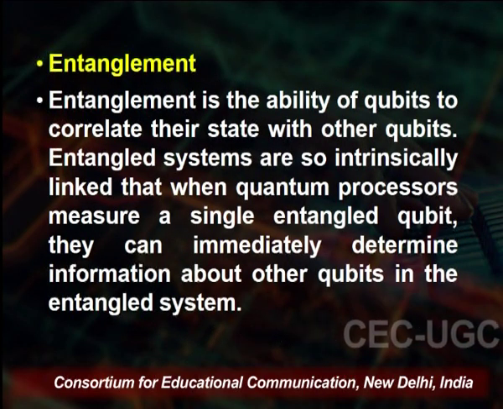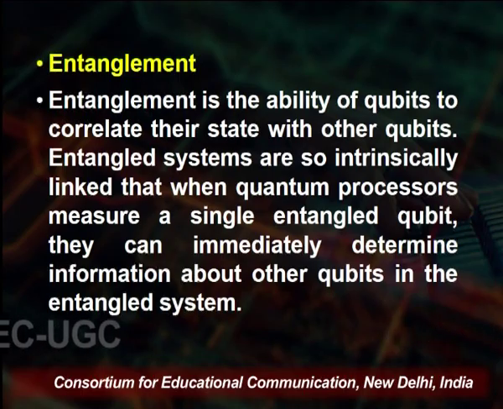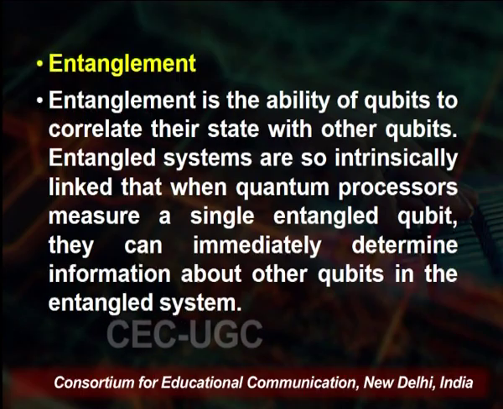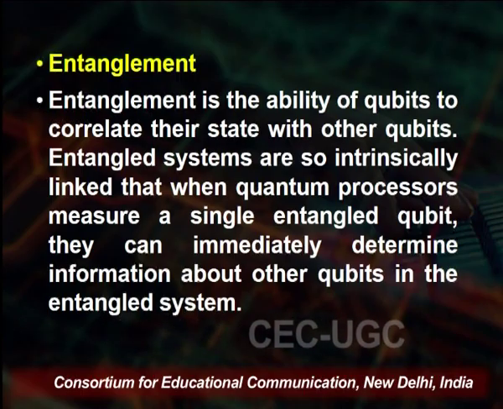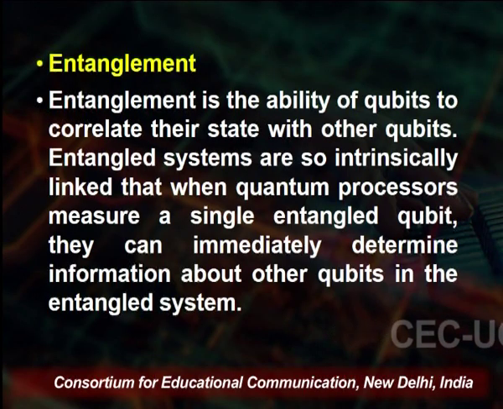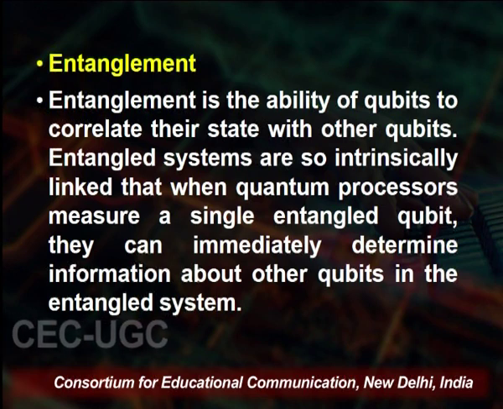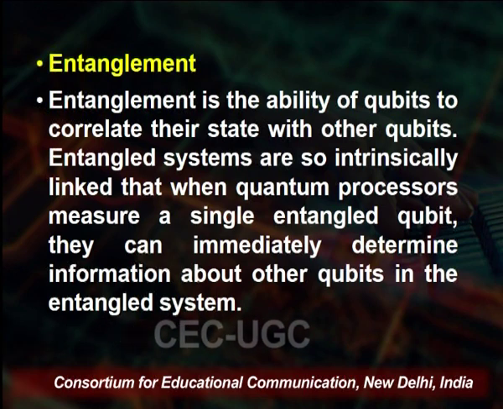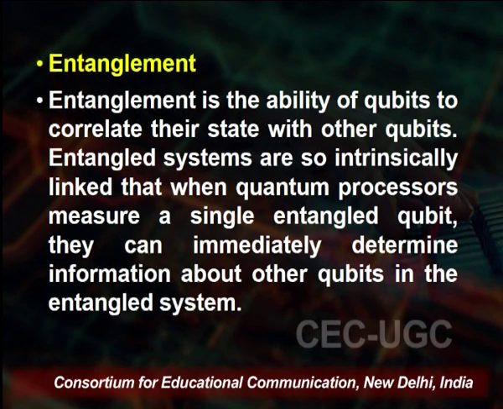Another important factor is entanglement. Entanglement is the ability of a qubit to correlate its state with other qubits. So whenever we have multiple qubits, there must be a correlation between the two qubits.